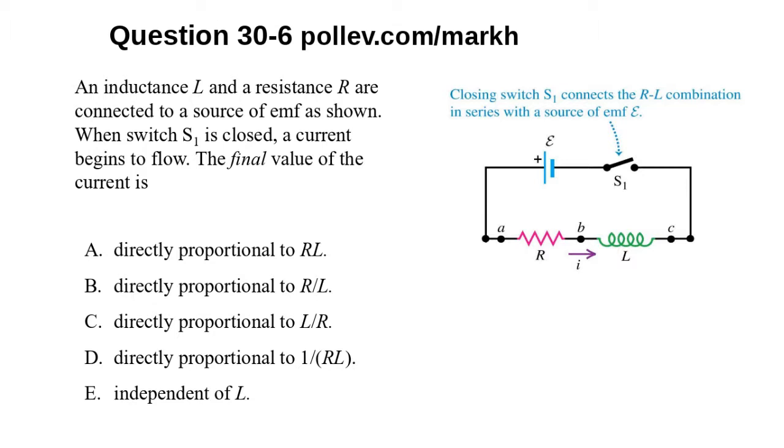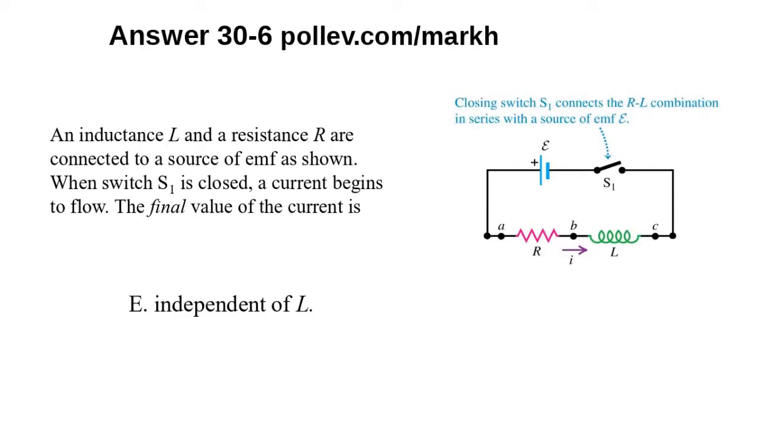Okay, so what we've got so far is one person going for B, so directly proportional to R over L. Two people gone for C, directly proportional to L over R. And four people have gone for E. It's independent of L. So what we're looking for is E. It's independent of L. So a final value of the current.